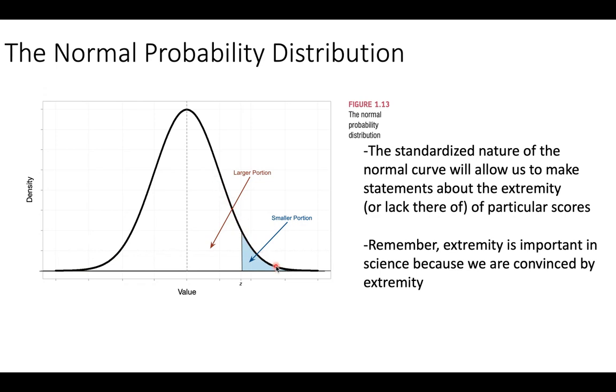So if I claimed that I have a high IQ, and then we measure my IQ, and I'm right here on the curve in this far extreme tail, then you should believe me because I have shown an extreme, unlikely score in the direction of my claim. And so that extremity acts as support for my claim. You're more likely to believe my claim that I have a high IQ if I have an extremely high score than if I have a common or middling score.